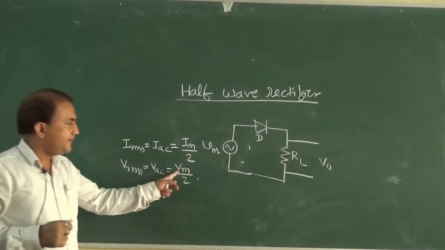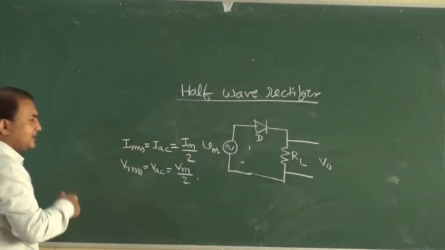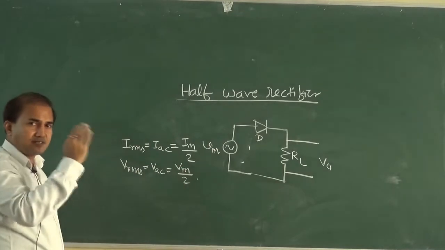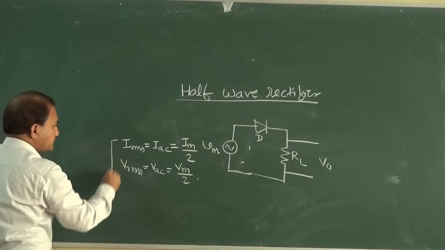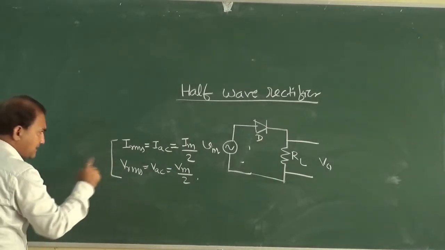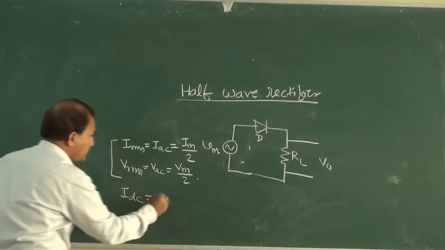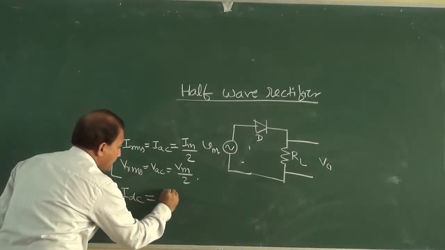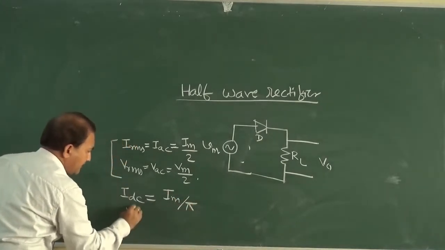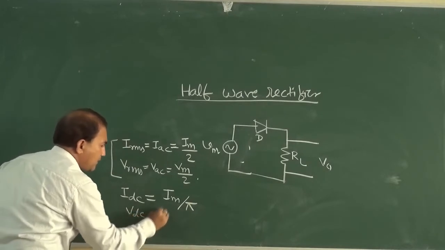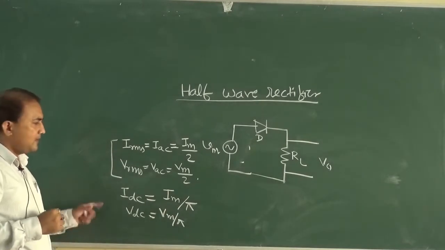Vm is the peak amplitude of the input signal that appears across the secondary of the transformer. Now you have seen in last class, similarly IDC, it is equal to Im by pi, and VDC, it is equal to Vm by pi.